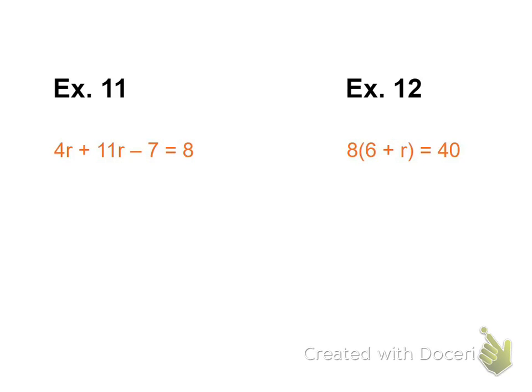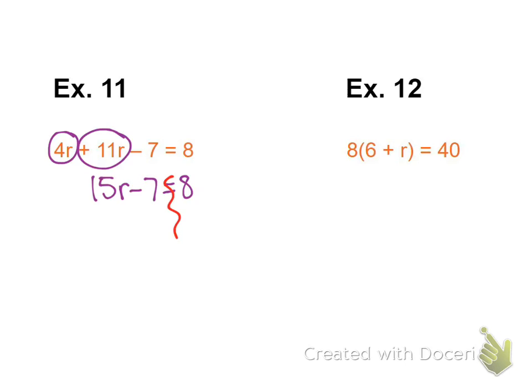What can we do when we start off number 11? Combine like terms. What gets combined? Good. Our R terms get combined. That gives me what? 15R. Everything else is staying the same right now. So the minus 7 equals 8 just stays where it was. Good.